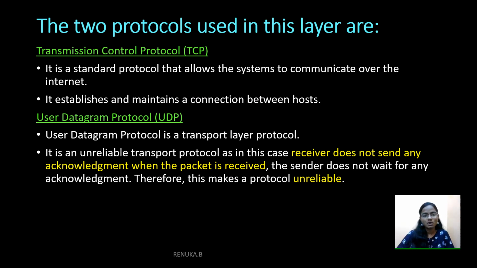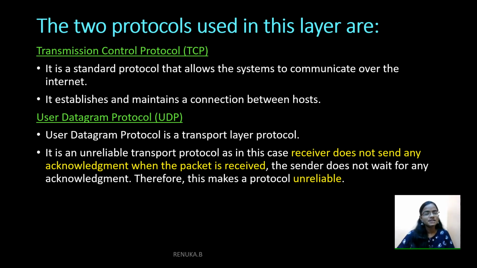There are two protocols used in this layer. First one is Transmission Control Protocol, TCP, another one is User Datagram Protocol, UDP. Transmission Control Protocol is a standard protocol that allows the system to communicate over the internet.